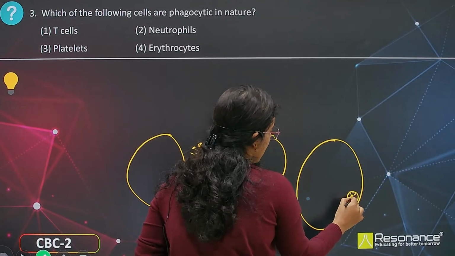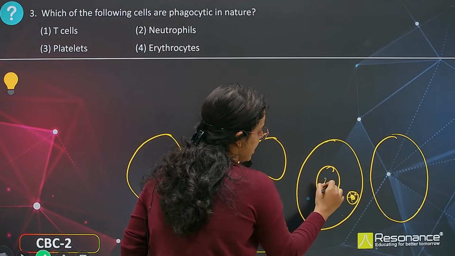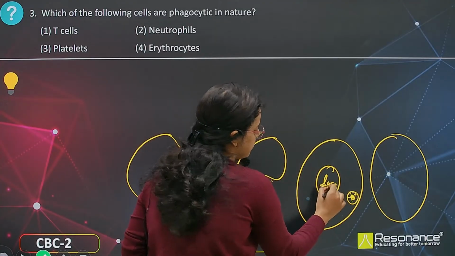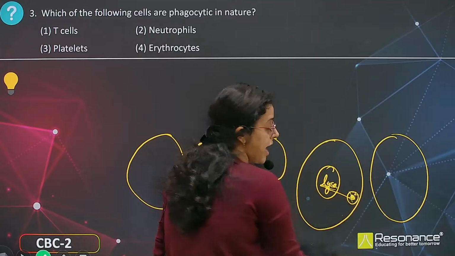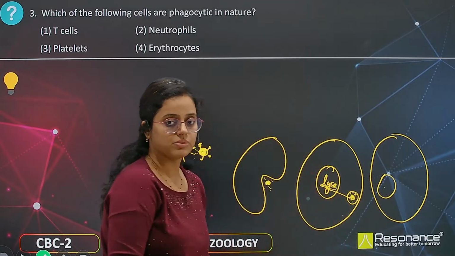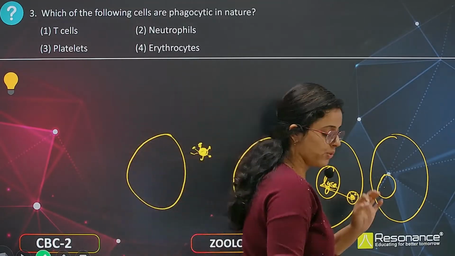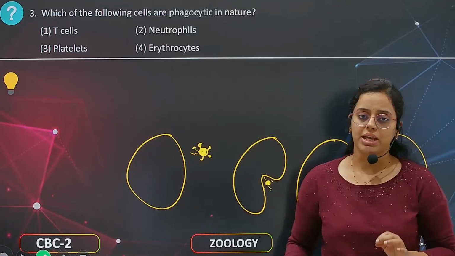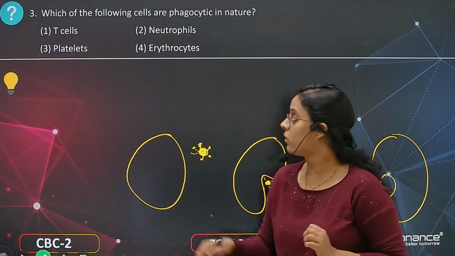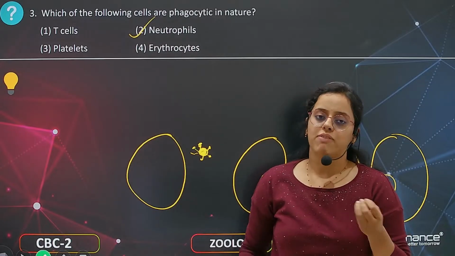Now this viral particle is digested by lysosome, hydrolytic enzymes, and it is destroyed, killed intracellularly. This type of process is called phagocytosis. This is done by neutrophils. So here the answer is going to be neutrophils, which perform phagocytosis.